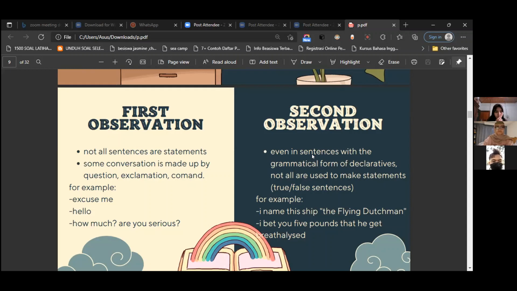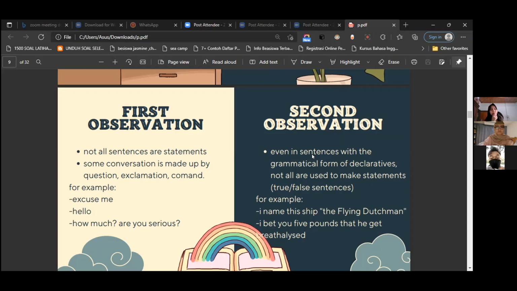For example, excuse me, like what I said previously in the introduction. Hello, and how much are you serious? So those are sentences that are not statements. There is not a true or false statement.